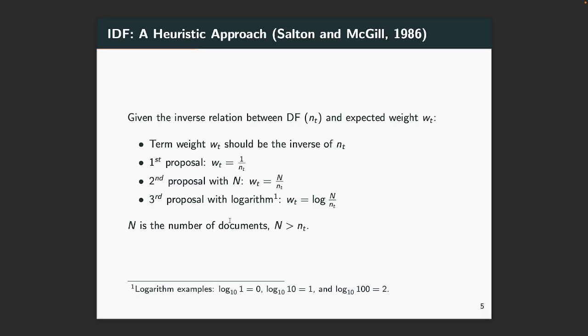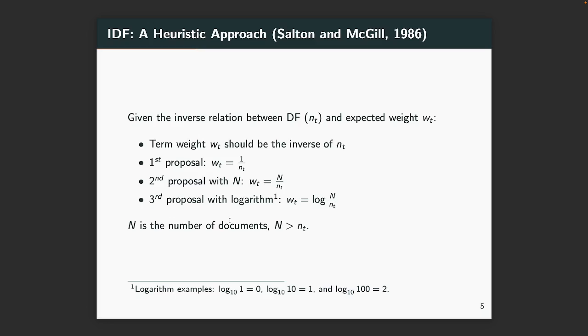So when we think of this inverse relation, WT should be a function, should be the inverse, right, of NT. So the first proposal, naturally, is simply to take 1 over NT, or 1 divided by NT, as a weight, right?